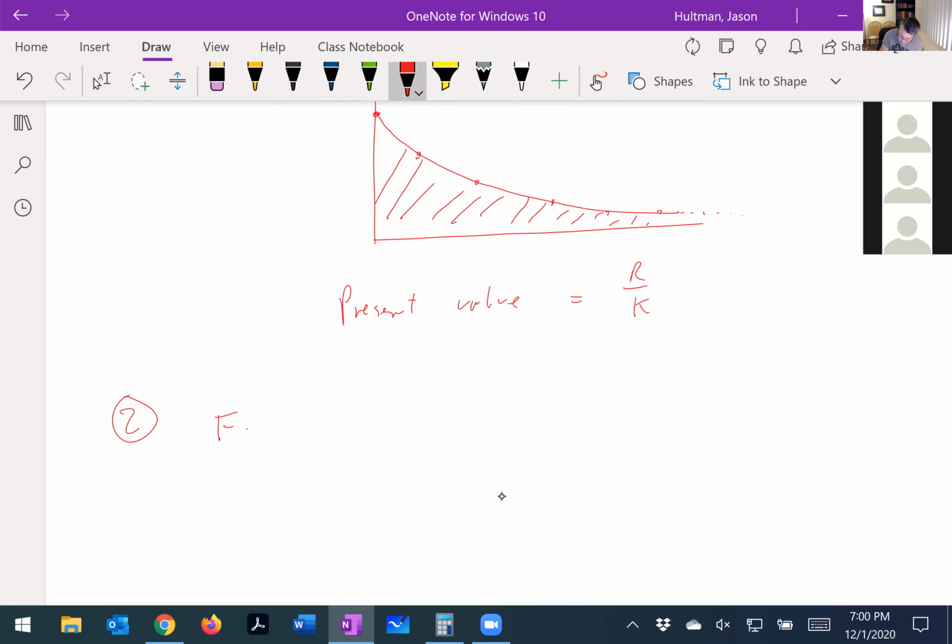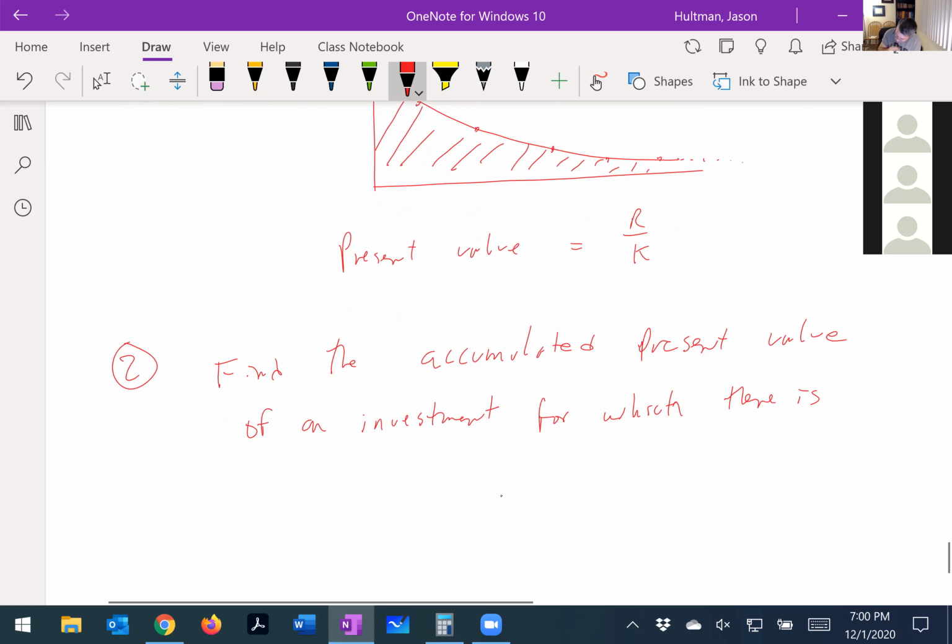It says find the accumulated present value of an investment for which there is a perpetual continuous money flow of 2,000 per year.